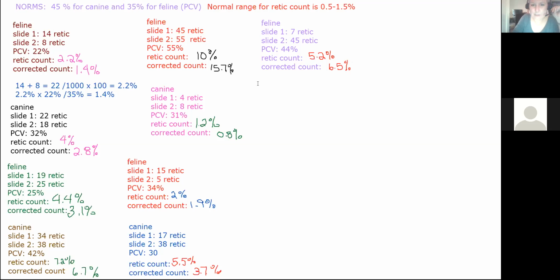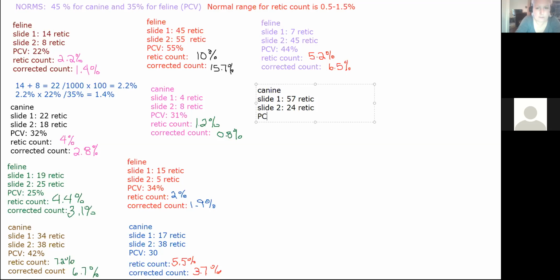Let's see. Let's do black. Let's do another canine. Slide 1. I'll give you some more real wacky numbers. 57 reticulocytes. Slide 2 is 24 reticulocytes.